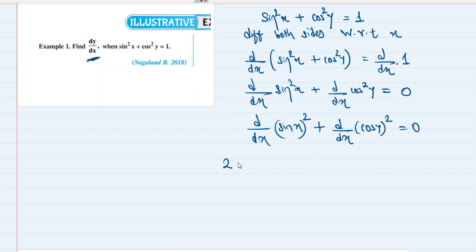I will not touch sine x. So 2 sine x multiplied by the derivative of the inner function. Here I found the derivative of the outer function, that is the square function. Now the derivative of the inner function, that is sine x.